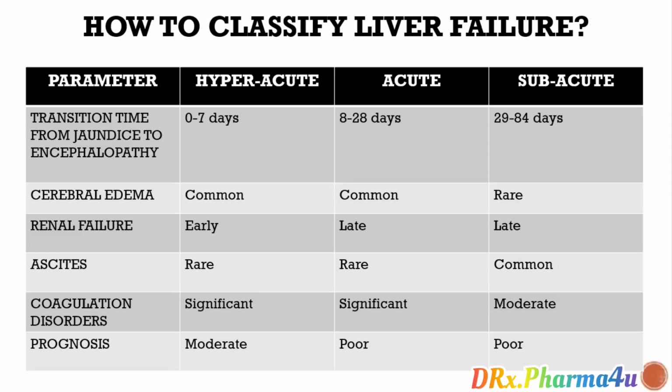But if you are talking about acute exacerbation of COPD, it will be some kind of infection or some triggering factor which has made that COPD symptom worse instantly. There we require aggressive treatment, short-acting drugs which reduce the severe symptoms or the acute symptoms. So hyperacute, you can understand very well, is going to be the most serious liver failure. Acute is intermediate, and subacute is a bit more in the backward section.